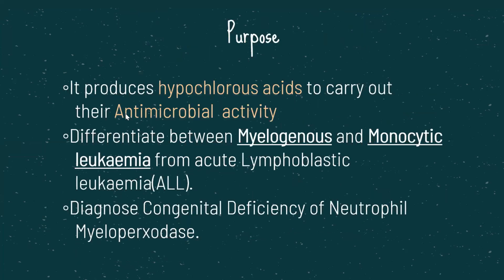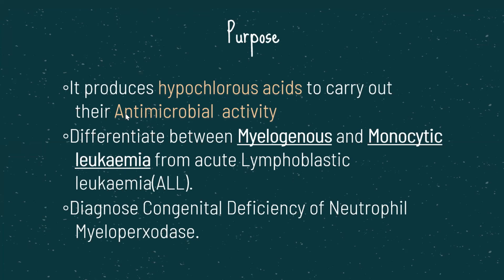Okay. So purpose of myeloperoxidase, so it produces hypochlorous acids to carry out their antimicrobial activity. It differentiates between myelogenous and monocytic leukemia from acute lymphoblastic leukemia. Okay? Kapag positive po sa myeloperoxidase, so it rules out all lymphoblastic leukemia.